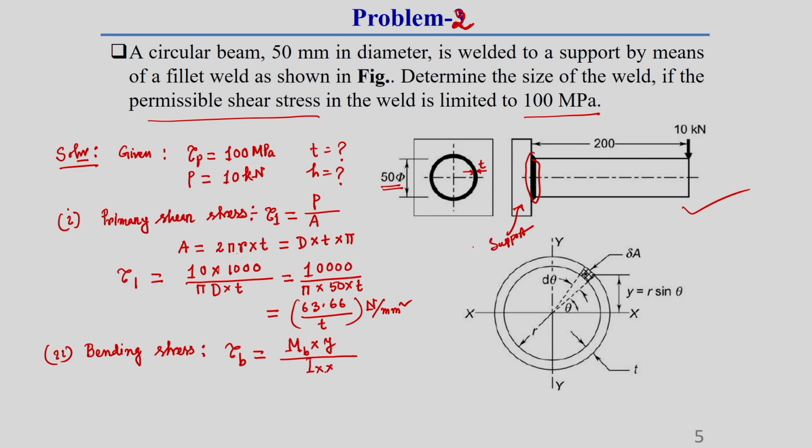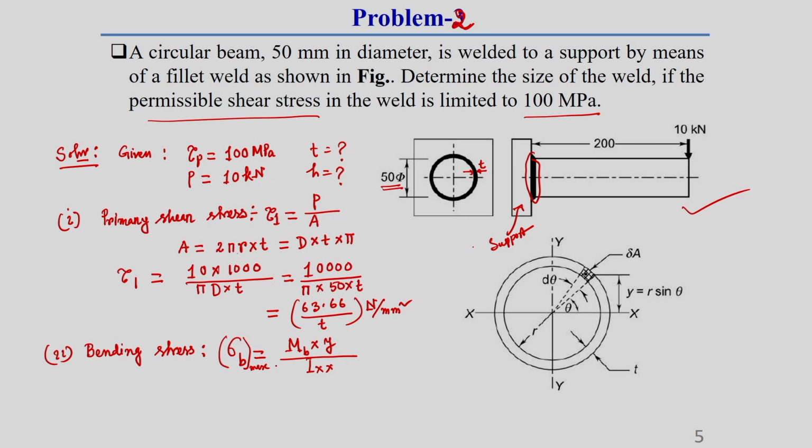This you should keep in mind. Here y should be the farthest distance of that weld from the xx axis, because here we get the maximum bending stress, that I am writing.